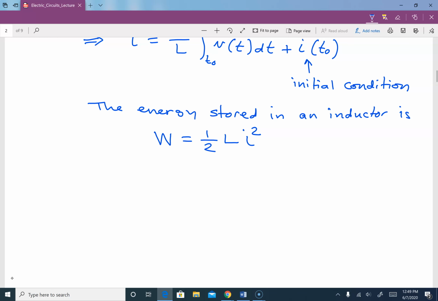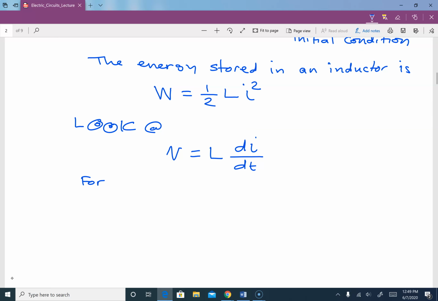So now look at V is equal to L di over dt.